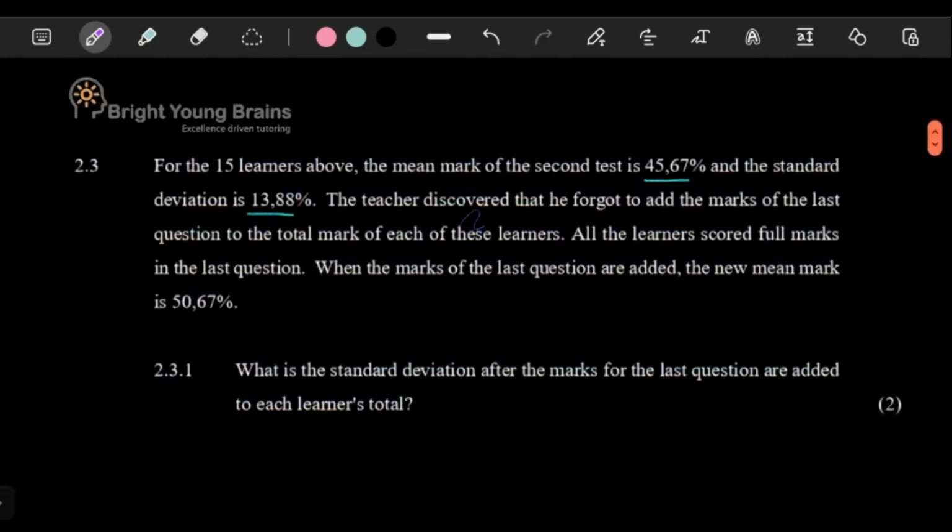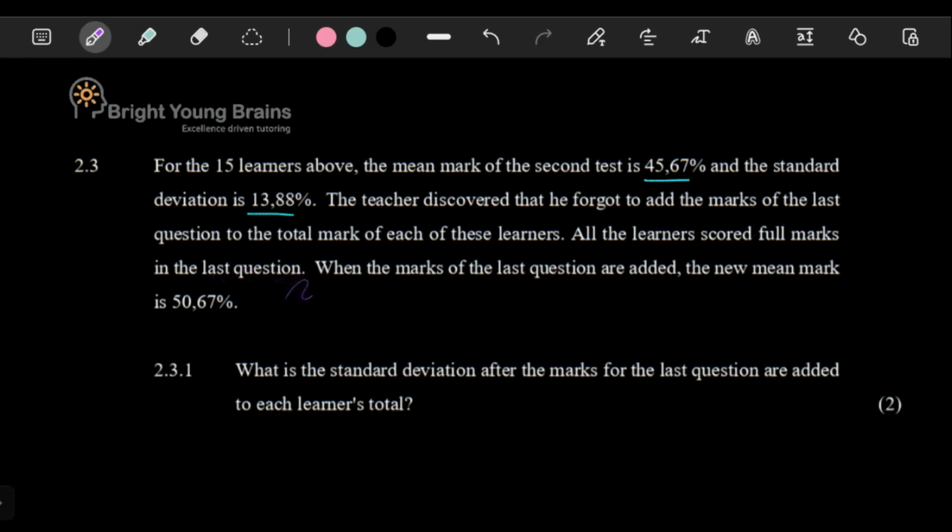Then it says all the learners scored full marks in the last question.